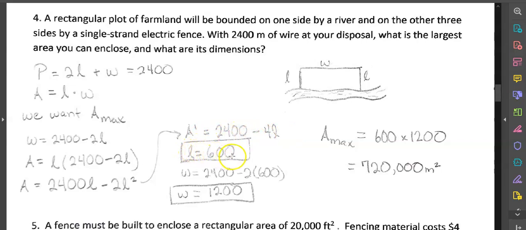We get L equals 600, and then we plug that into the equation that we solved for W. We get W equals 1,200. So we want to maximize area. We plug those numbers in for length and width, and our maximum area is 720,000 meters squared.